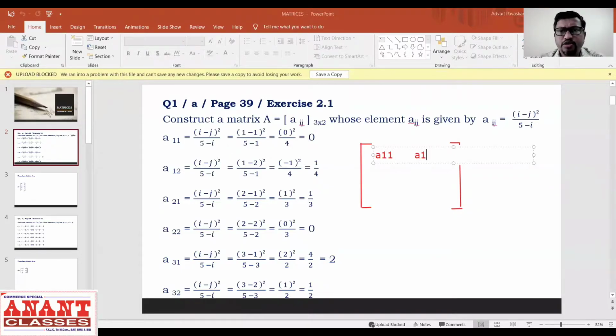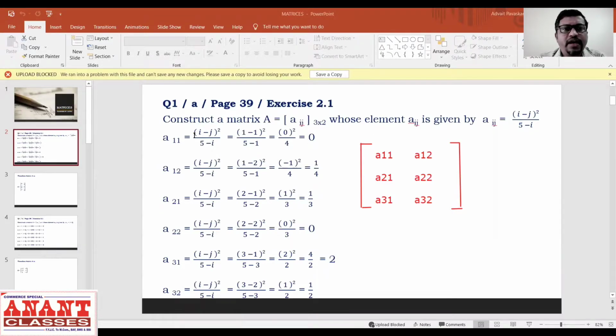Here it will be a first row second column. Next will be a second row first column, a second row second column. Next is a third row first column, a third row second column. So there will be 6 values. These are the 6 values, and each element we have to calculate by this formula.